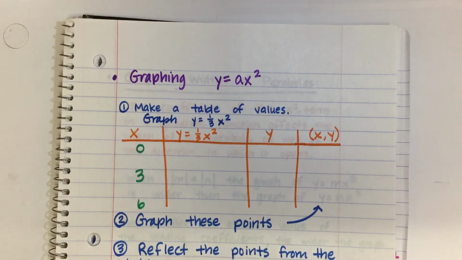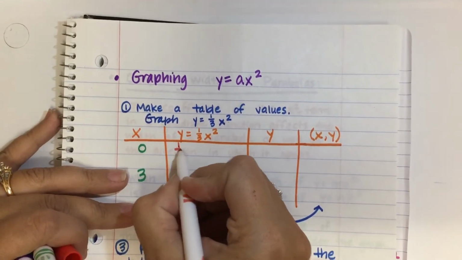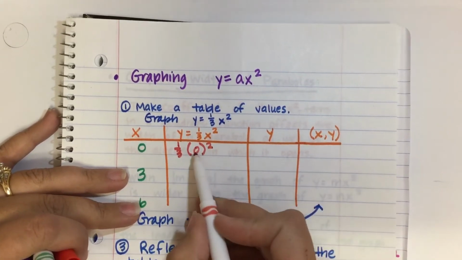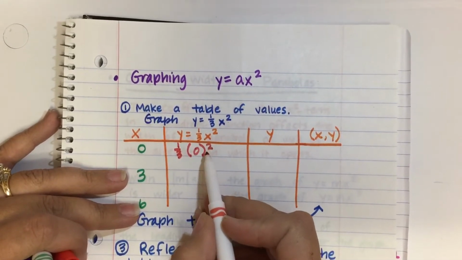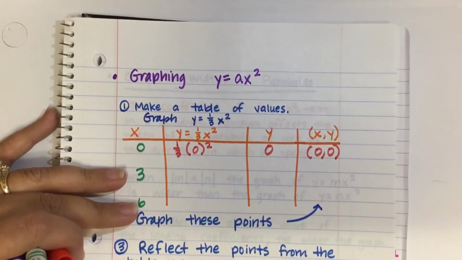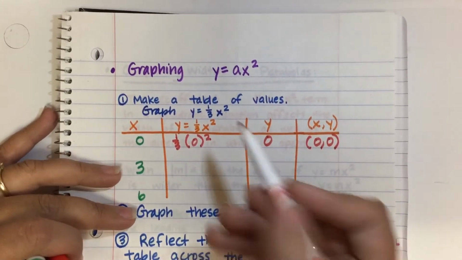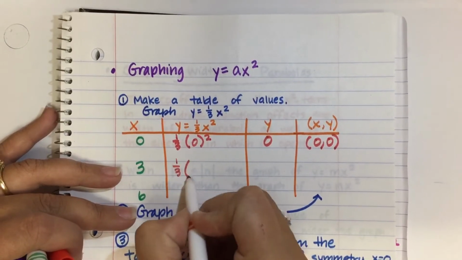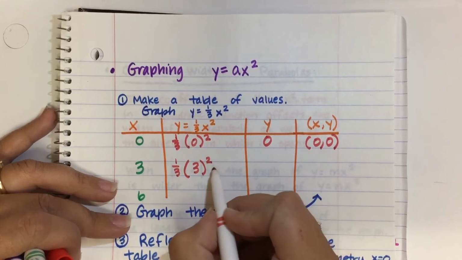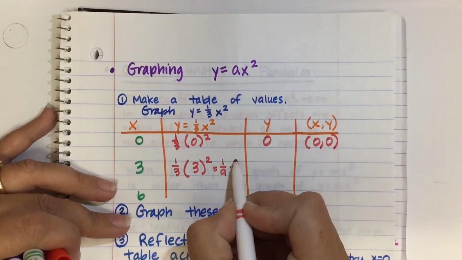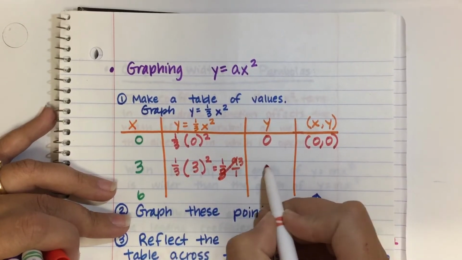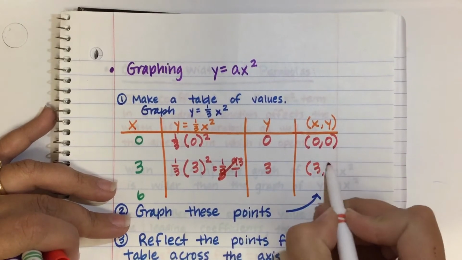So if I plug in 0 for x in 1/3 x squared, then 0 times 0 is 0, times 1/3 is 0, so my ordered pair is 0, 0. And if I do 1/3 times 3 squared, 3 squared is 9, so that gives me 1/3 of 9. 9 divided by 3 is 3, so this is going to be 3, 3.